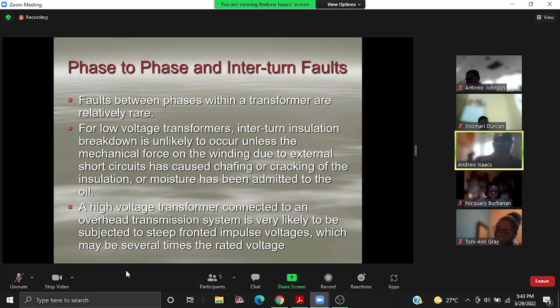So the impact of these steep front impulse voltages, which comes from whatever transient, whatever noise, which I'm defining here as an unwanted signal, impacts the system, right? It can cause damage. Let me keep it as simple as that. It can cause damage to your transformer.